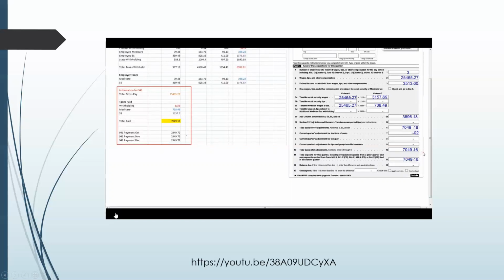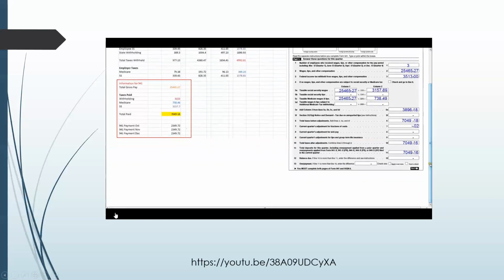So lines 12 and 13 are the balance due and the overpayment. If you did not make these payments on time, or if you still owe money, then this number would need to be adjusted and you would need to write the balance due here. If you have paid, then you're just going to leave these two blank.